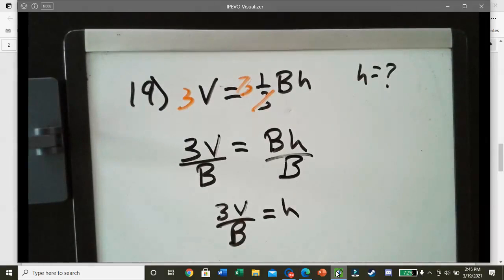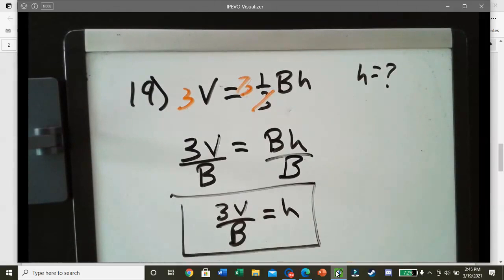We don't know what B is, so we can't do any calculation. There's no calculation involved. It's all an algebraic process.